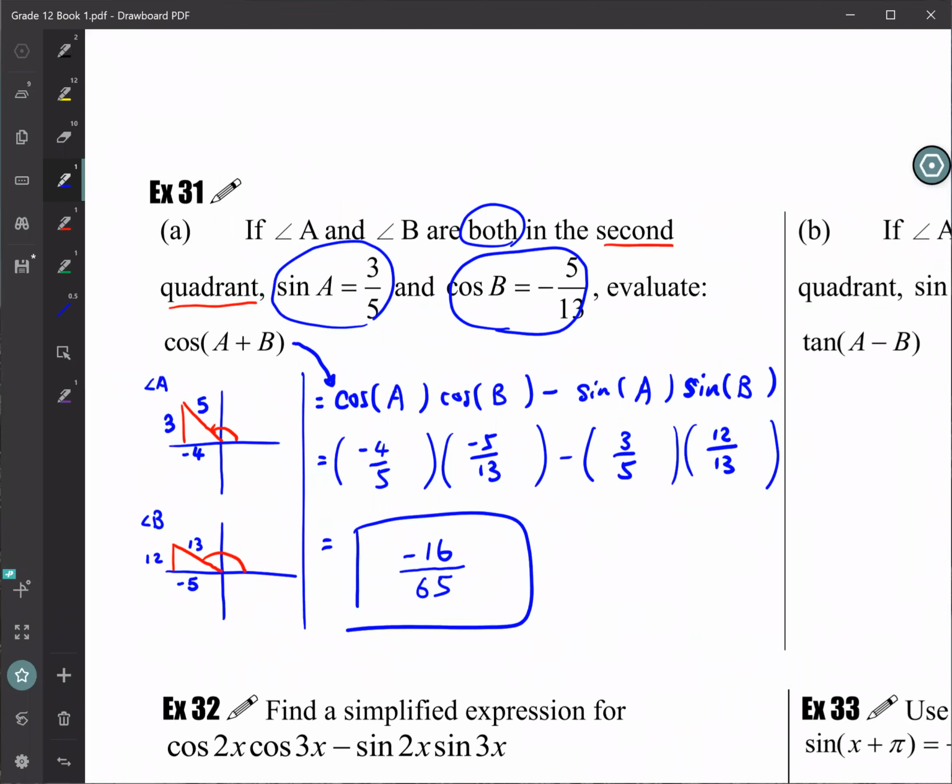First step, you find the sides. Second step, you figure out the formula to use and then plug it in. And remember, do not put the sides into the cosine. You just leave them as A, B, A, B.